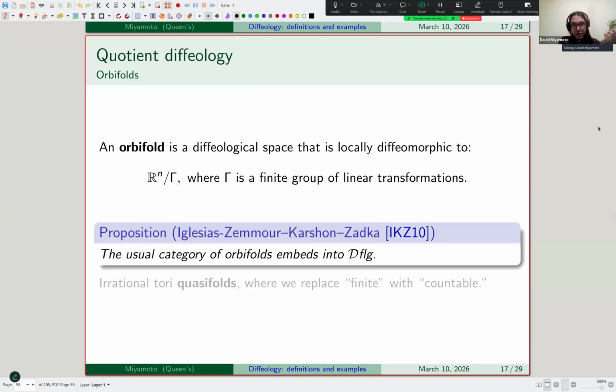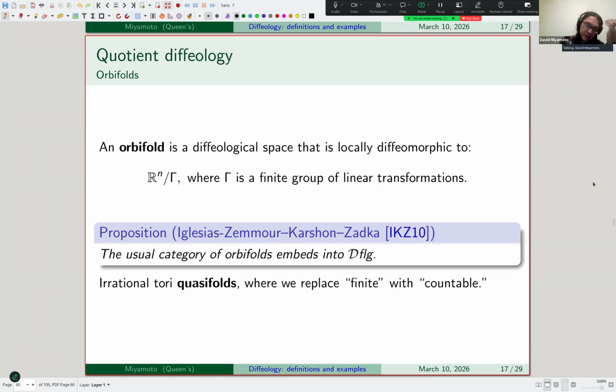And if I make this definition, then the usual category embeds into diffeology. So diffeology completely contains orbifolds, at least orbifolds in the classical Satake sense, or Thurston. The question for groupoids is a bit different, but let's not talk about that for now. So the usual category of orbifolds embeds into diffeology.